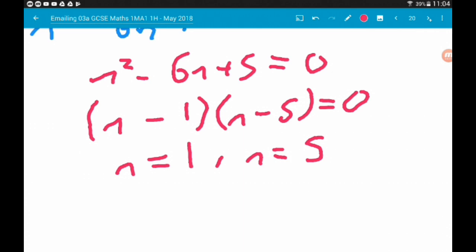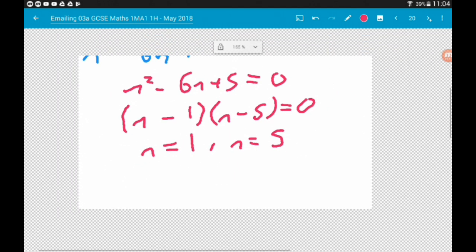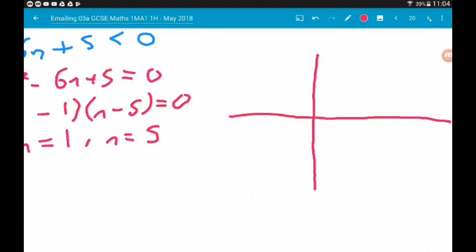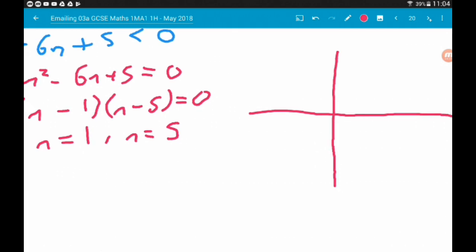So what that tells us, we got this quadratic. These values tell us where the quadratic cuts through the x-axis. So this now allows us to make a sketch of this quadratic. So we know we cross the x-axis when n is equal to 1 and n is equal to 5.